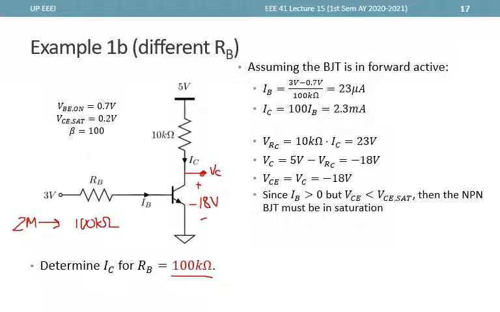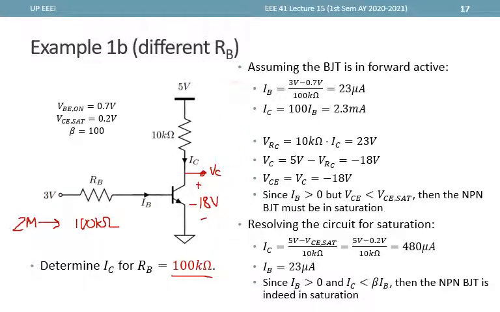And therefore, we get IC and IB greater than 0. So okay, but VCE is not greater than VCE sat. It is actually less than VCE sat. So negative 18 is less than 0.2. Then the NPN BJT must be in saturation instead of the forward active. And we must redo the analysis.